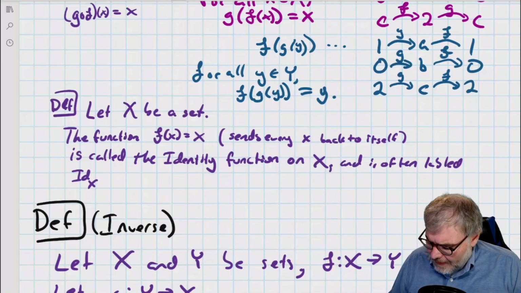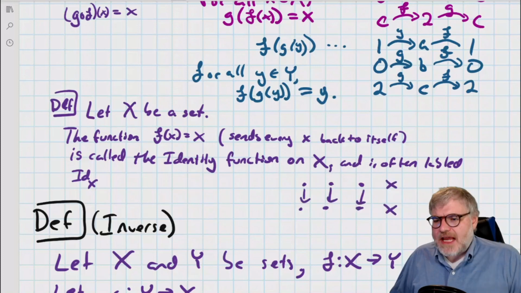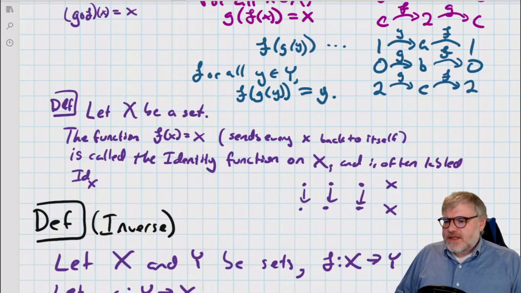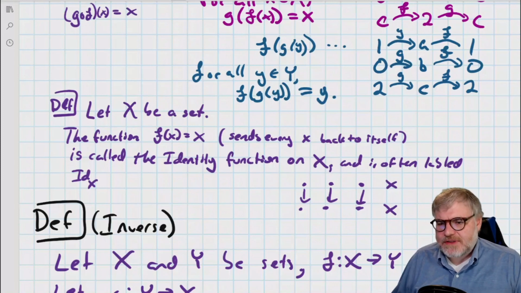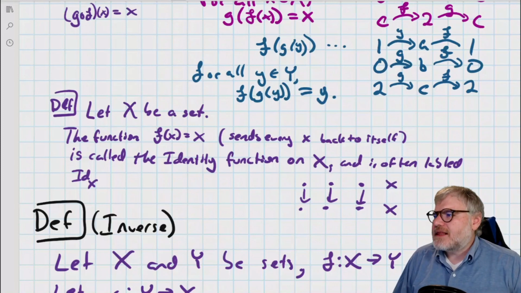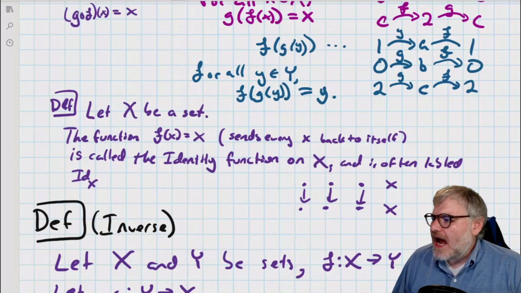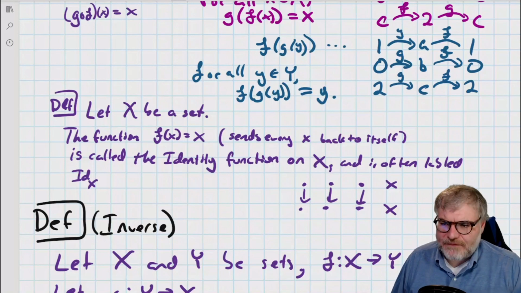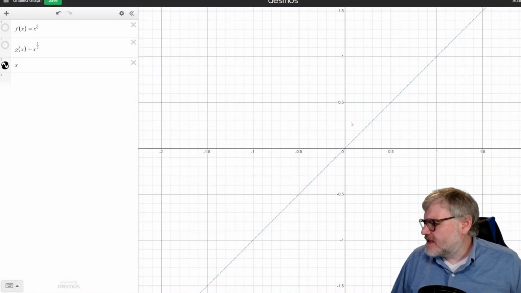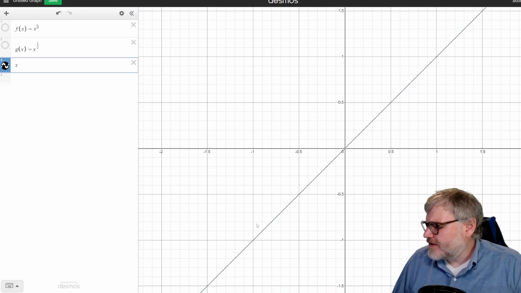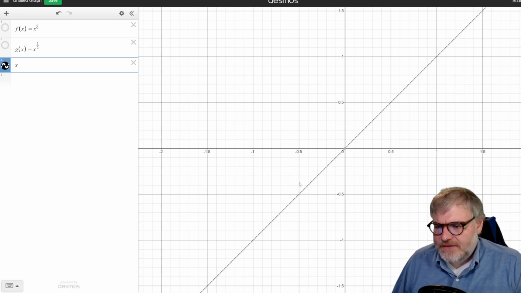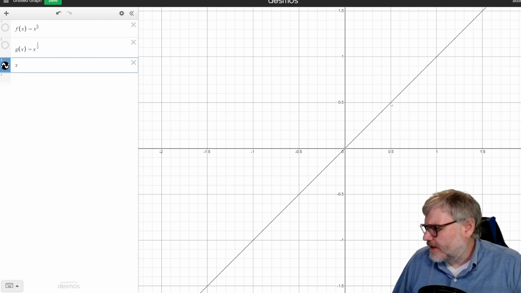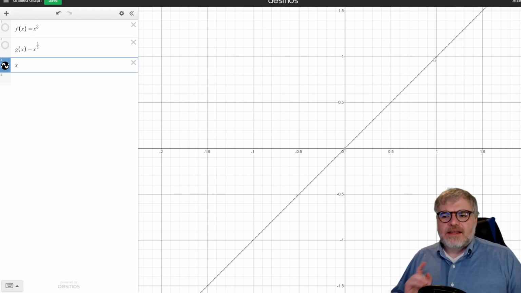That's what the arrow diagram would look like. And if we look at the graph of this function, f of x equals x, we can see it's just the diagonal line, this 45-degree line right here. Like f of 0.5 is 0.5, f of 1 is 1, and so on and so forth. And that's going to be a little important to us.